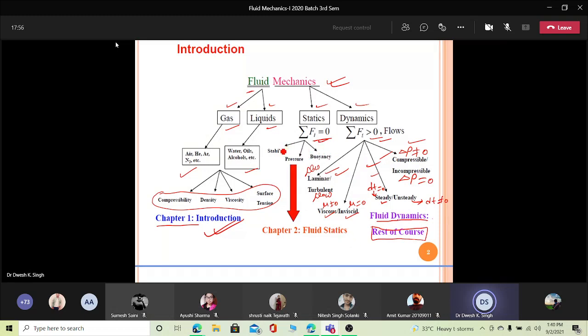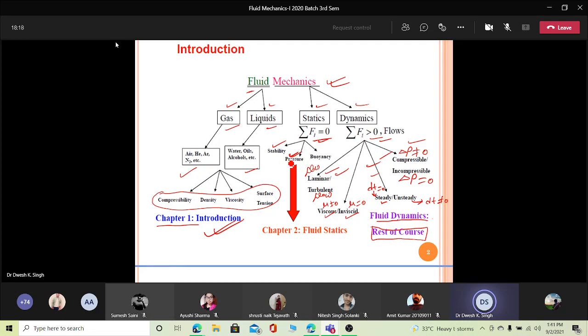So let us discuss what statics basically is. In statics we are going to discuss stability. Obviously, if it is static, there is no motion, so the only force you will find is in the form of pressure. The static equation only contains pressure, because there is no motion.